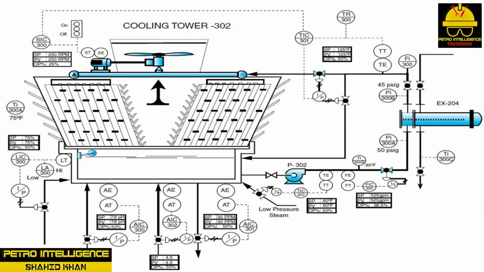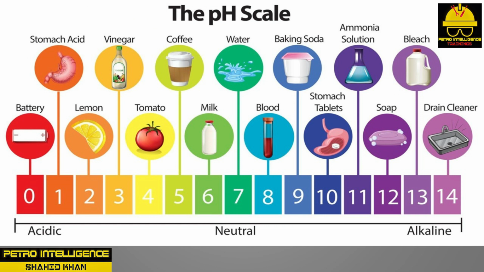The control set point is 7.8 pH. AIC 300 continually analyzes the pH in the basin and adds small amounts of acid to maintain operational requirements. The cooling tower specification range is 7.6 pH to 8.4 pH on water in the recirculation system. This picture shows a pH scale.